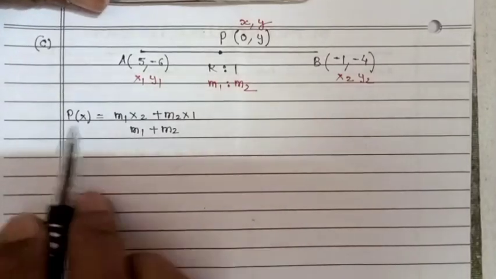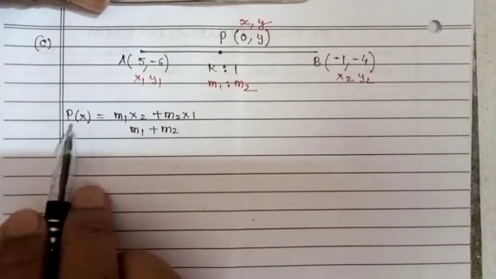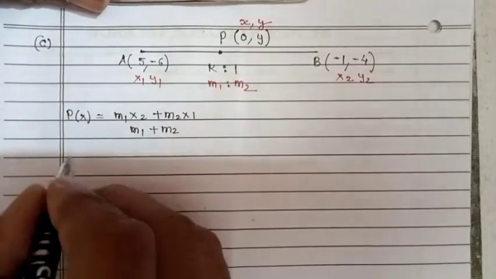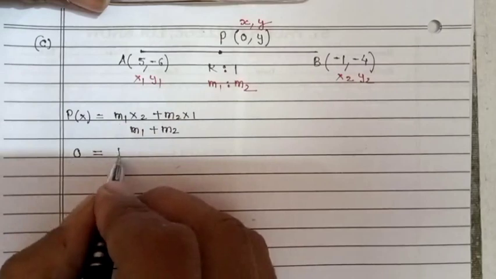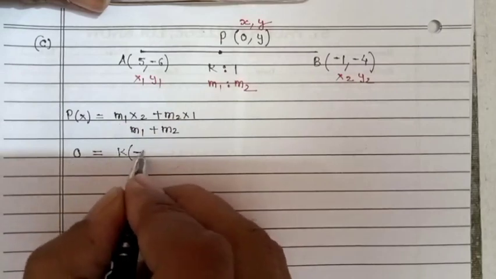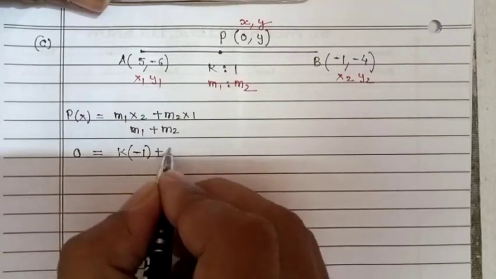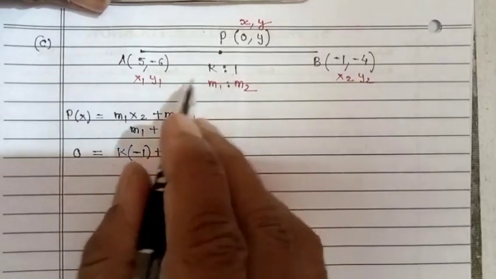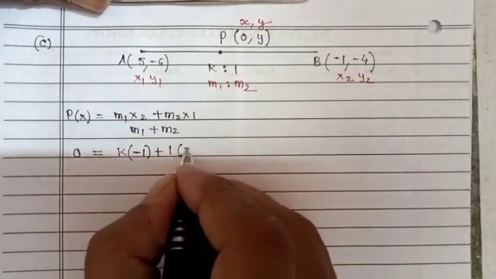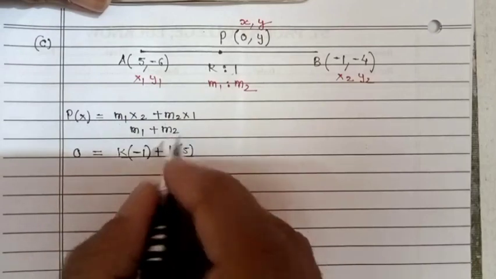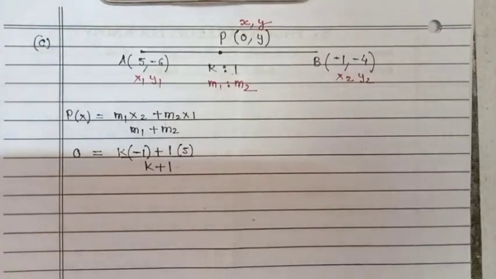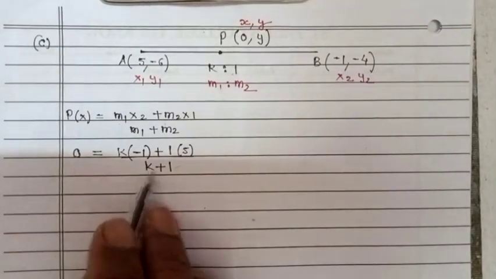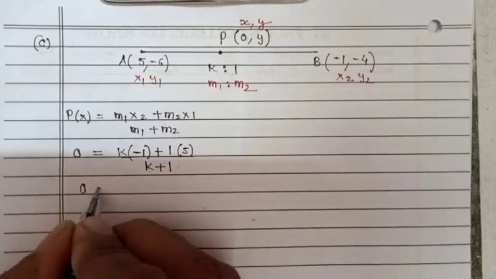So applying this formula here, x coordinate of point P is 0, m1 into x2, m1 is k, into x2 is -1, plus m2 x1, m2 is 1 and x1 is 5, upon m1 plus m2, that is k plus 1, right? Now if you do the cross multiplication, k plus 1 multiplied with 0 will give you 0.